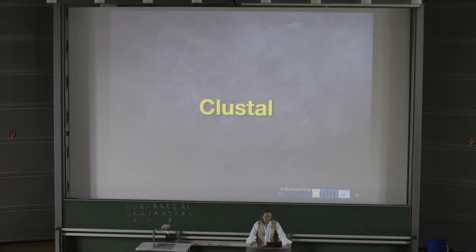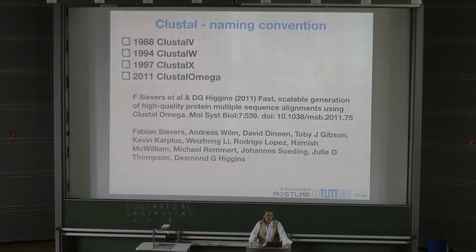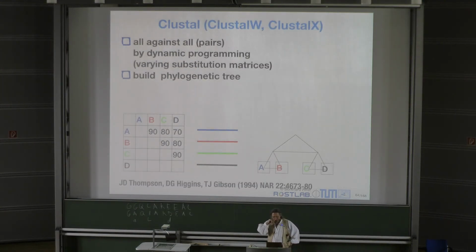That's a slightly different type of method, and there is an entire generation of ClustalW going from 88 to 2011. But I'm going to gloss over that. The major idea behind ClustalW is exactly what I showed you before.